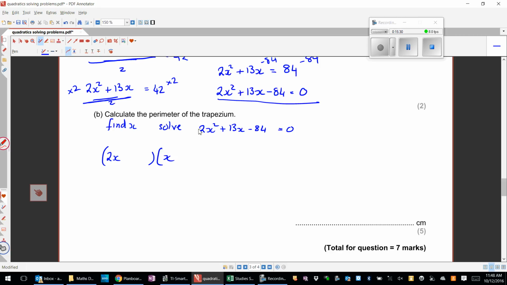It's like 2 times 84, so 2 times 84 is 168. Then we need two things that multiply to make 168 and add to make 13, but it's got to be a plus and a minus, hasn't it? So it's not an easy one by any means. Definitely not an easy factorise.